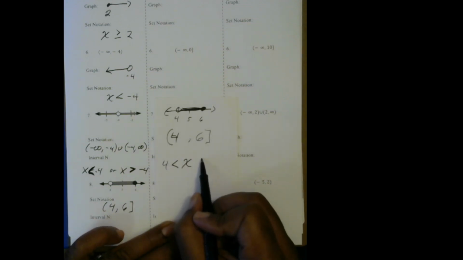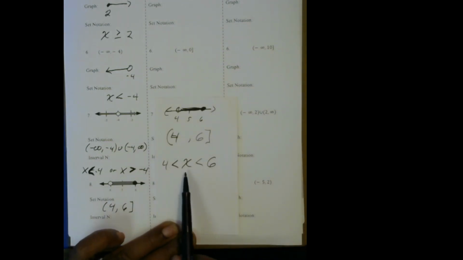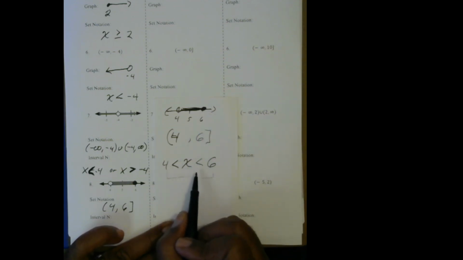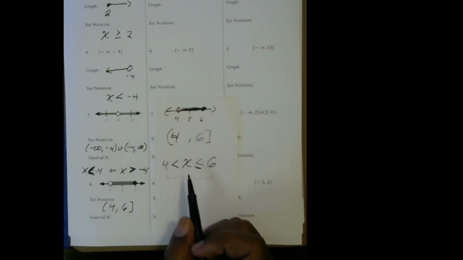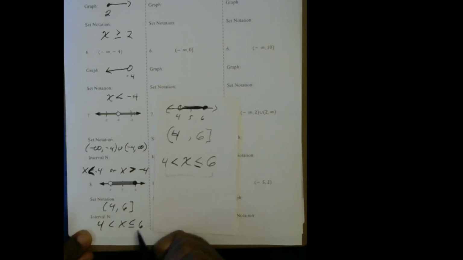On the other side, we use another less than, and then we use the number 6. What this means, when you put 4 is less than x less than 6, this actually means that x is all the numbers between 4 and 6. Oh, we've got to include 6. So we're going to put a dash here. So this will be 4 less than x and then 6.